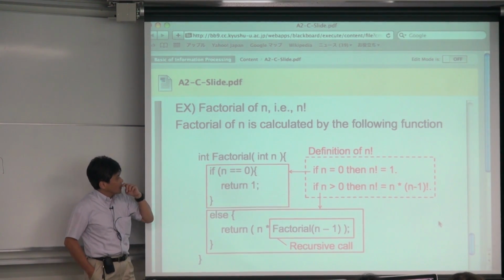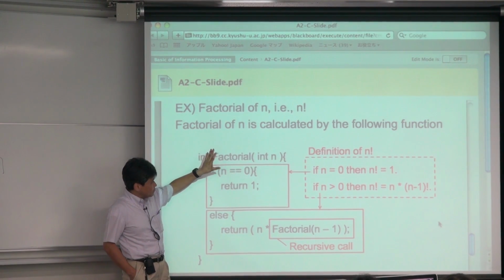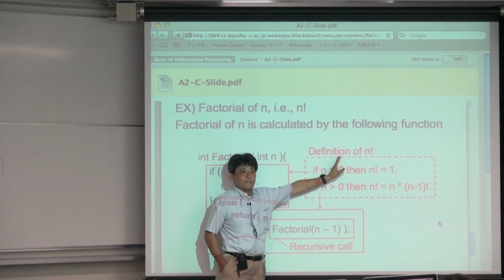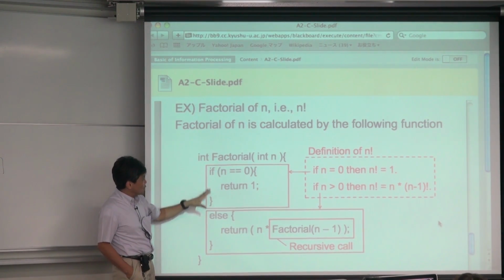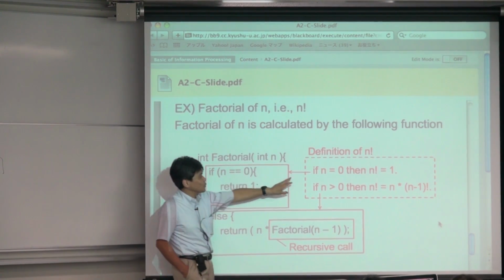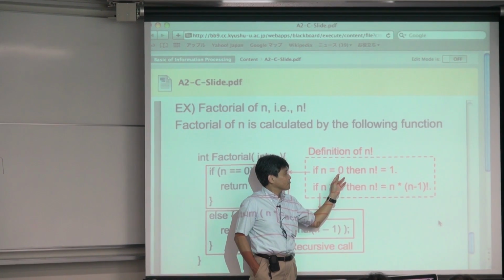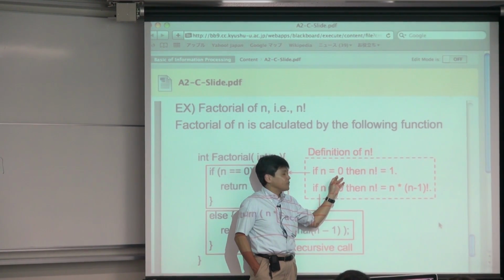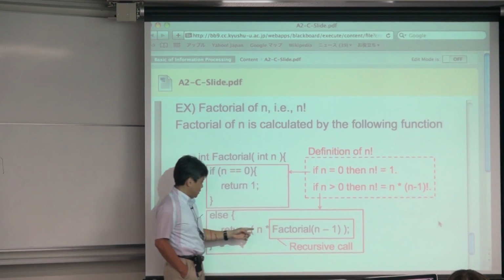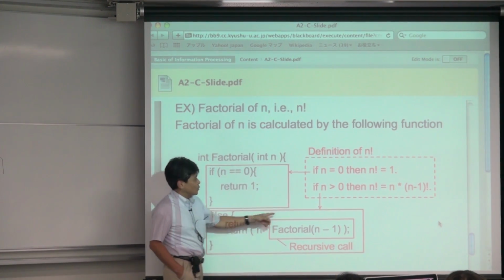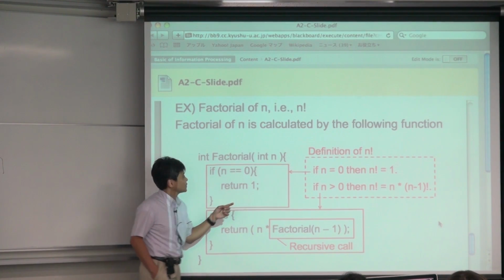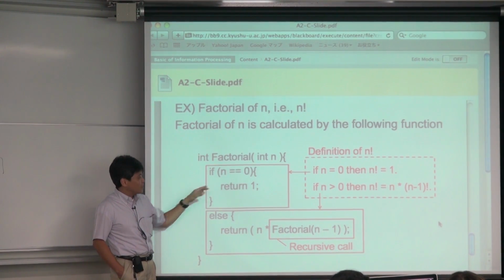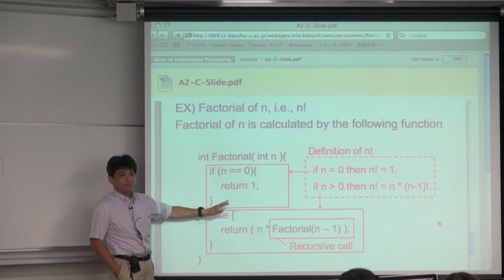So this is the definition of the function factorial. This part corresponds to this definition, and this part corresponds to this definition. So very easy to understand.